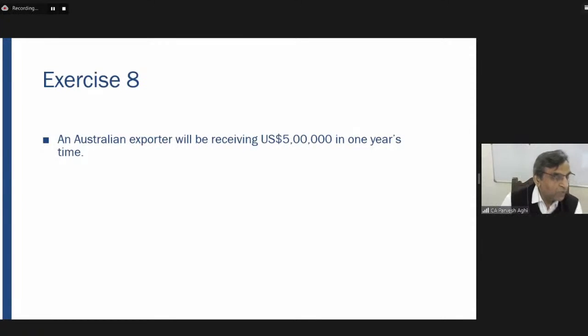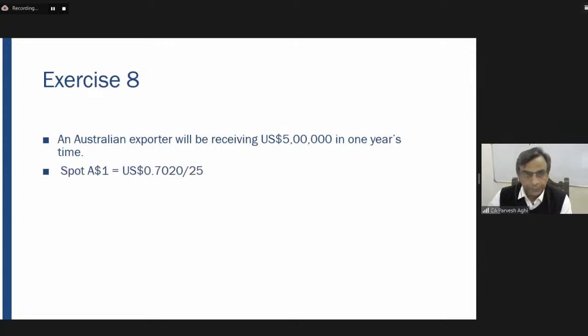So please focus. This question is a little bit tricky, but it's simple, but it involves a little bit more understanding. An Australian exporter is going to receive $5 lakh in 1 year's time.